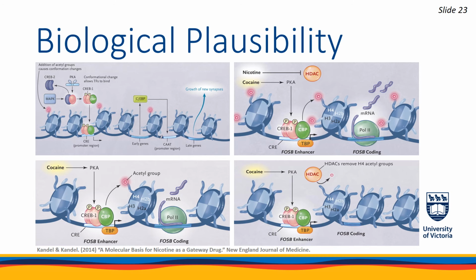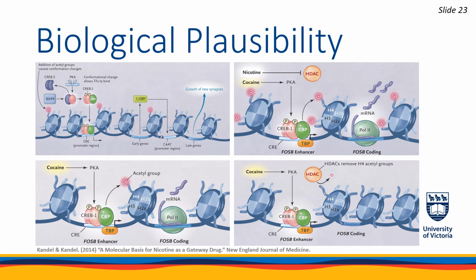In this case example, these researchers hypothesize that the biological pathway by which the gateway effect works is that nicotine causes some biological primers which affect memory, and that memory primes people for addiction. As you may know, memory processes have an important role in addiction.